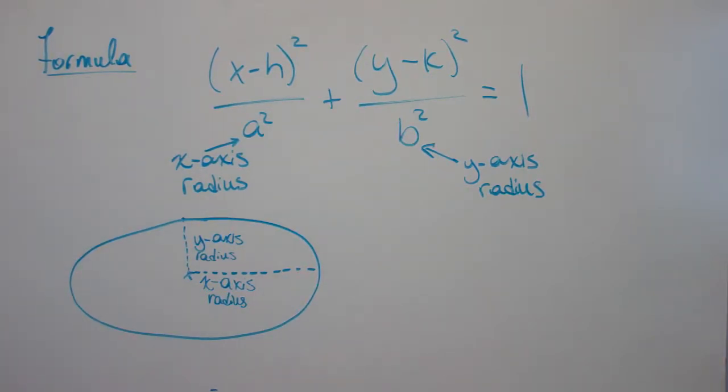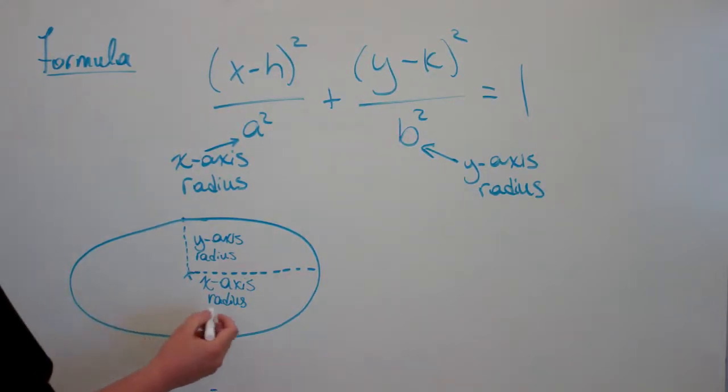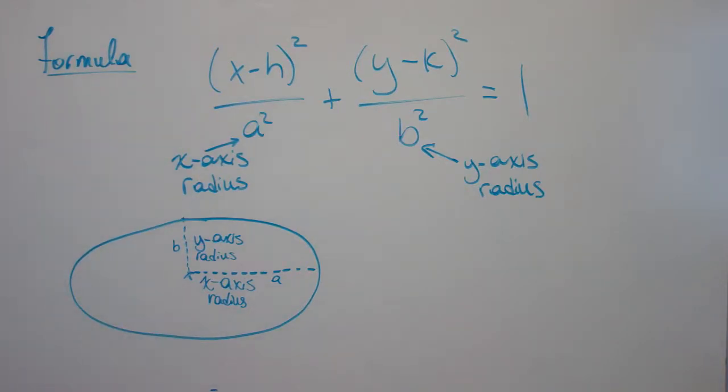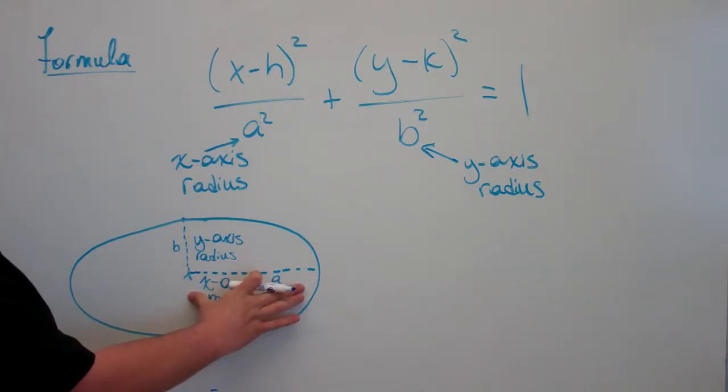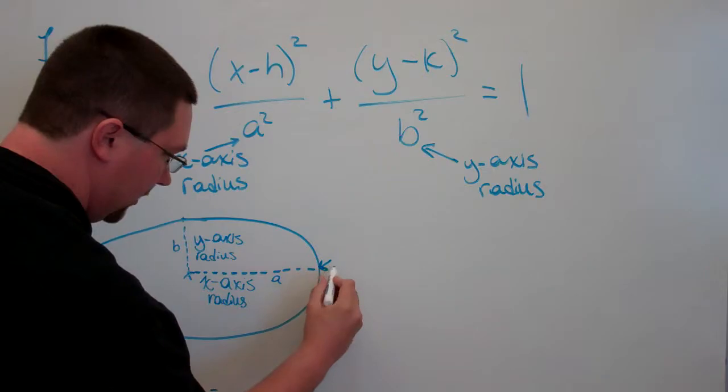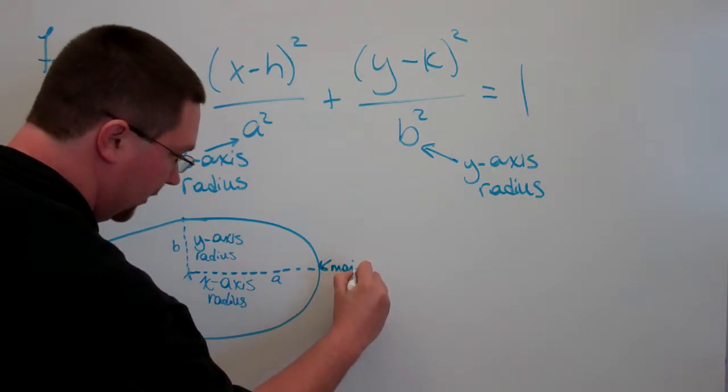Now, you also have what's called a major and minor axis. This is a, this is b. Your major axis is the longer of your two, the longer of a and b. So here, since our x-axis in this drawing is longer, that means this is our major axis.